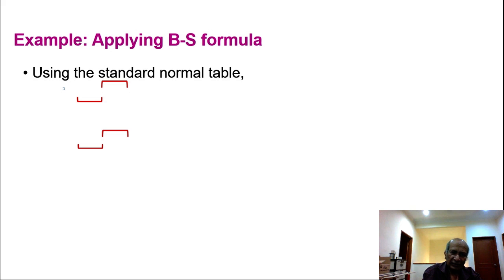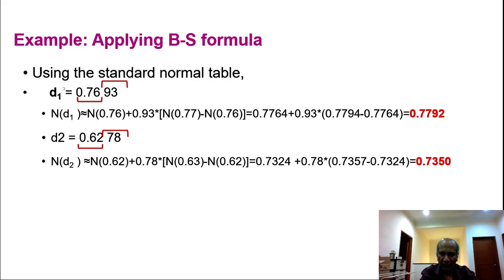Okay, this is D1, D2. So now, look at here. Understanding the standard normal table. You have been given a normal table. To study the normal table, you have to identify a certain number, then only you can calculate that. See, ND1 now. From D1, you want to calculate ND1.